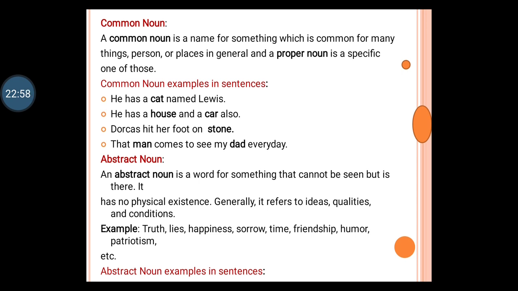He has a cat named Louis. Cat is a common, general name for cats. There is no other specific name for cats. Yes, cats come under a particular species. That's in biology.